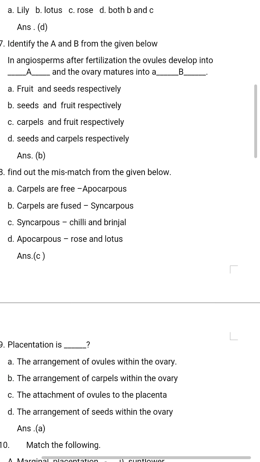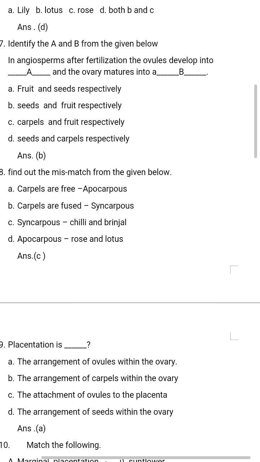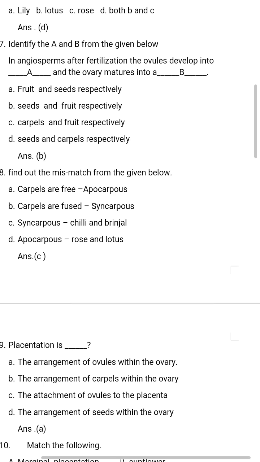Do you know, in angiosperms, in dicots and monocots, a unique process takes place after fertilization. It is called post-fertilization development. After fertilization, the ovules are modifying into seeds and the ovary is developing or maturing into fruit. Understood?